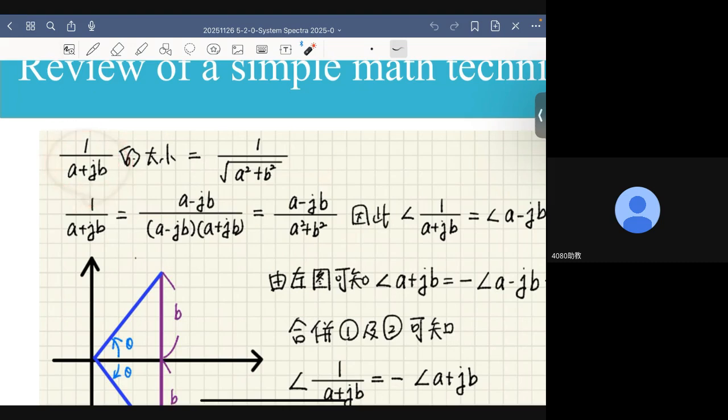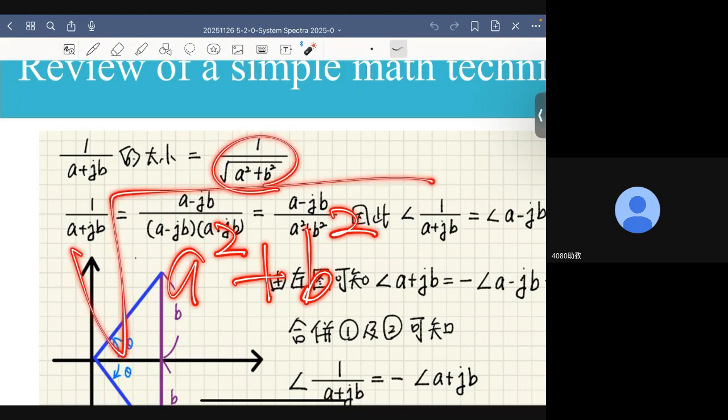For its magnitude, it's actually easy, because we all know that the magnitude of a complex number is the square root of the sum of the square of the real part plus the square of the imaginary part.